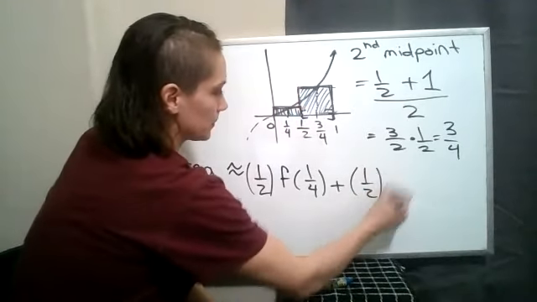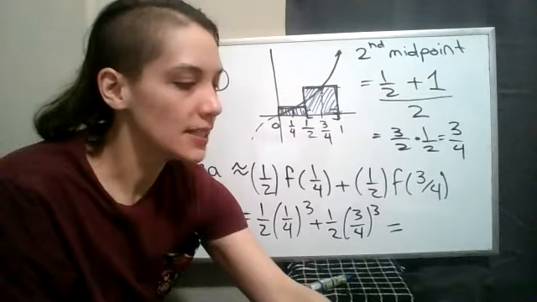Okay, 1/2 times 1/4 cubed. Add 1/2 multiplied by 3/4 cubed. And I have done this one before. I got 7/32.